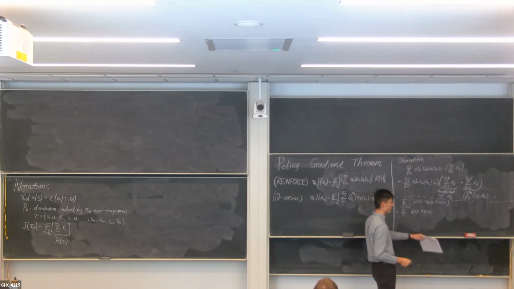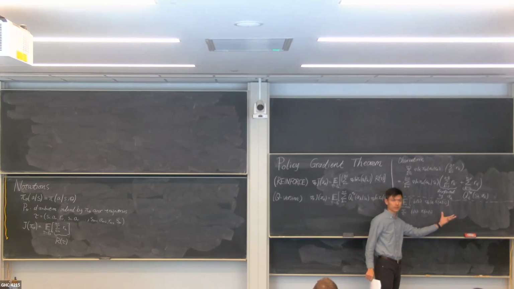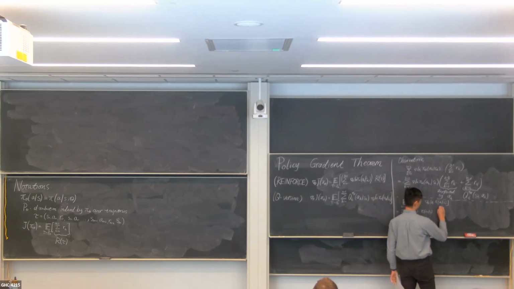I'm running out of space, so I'm going to do what we did last lecture, plug in the chain rule from calculus into this expression, where if I take the gradient of the log of some function, I get 1 over the function outside.